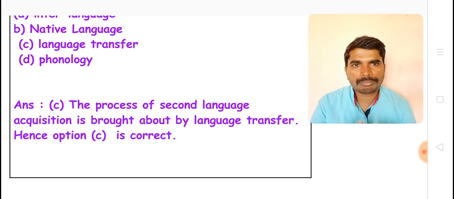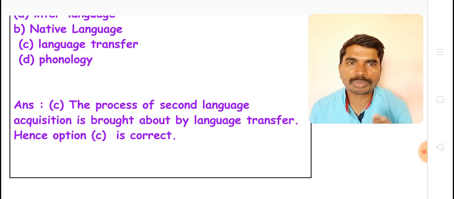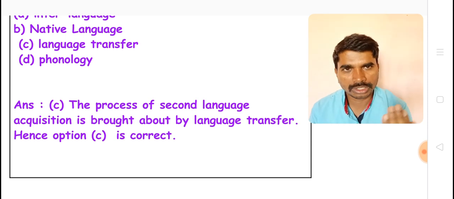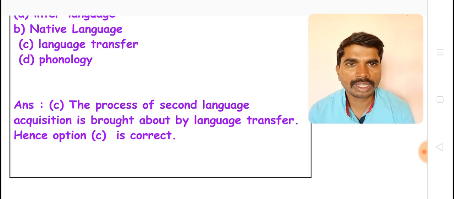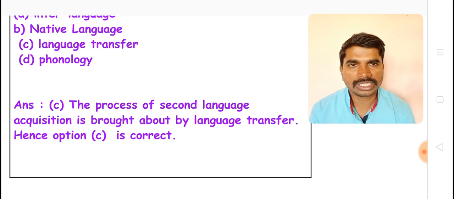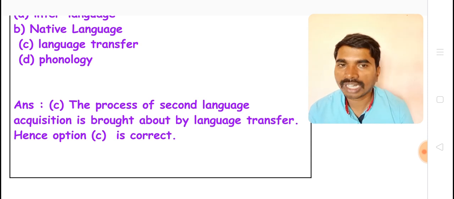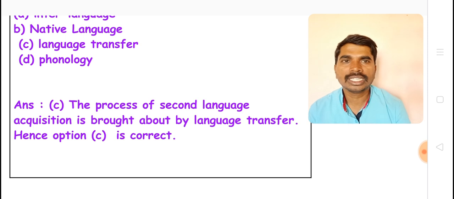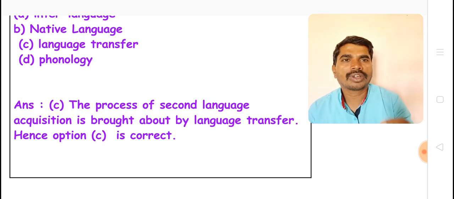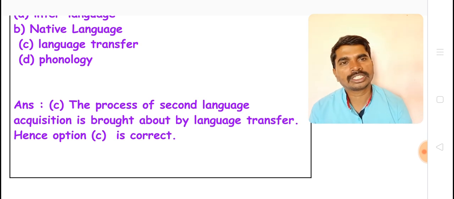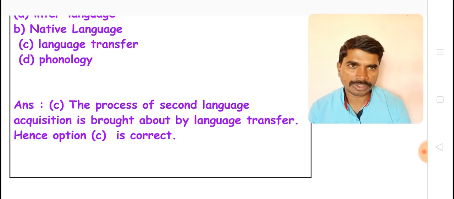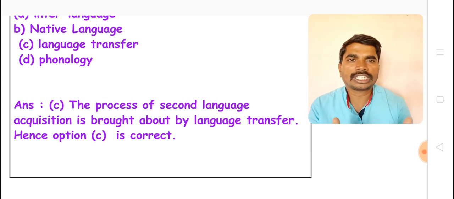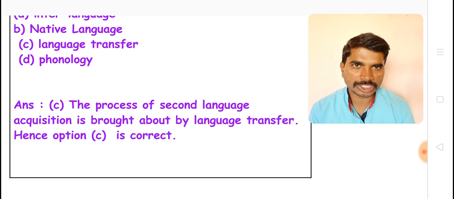A boy or a girl who was born and brought up in an environment where a different language is used gains a vast mastery over that language. It's universal grammar, the LAD, the language acquisition device, we can say. He develops that and, using it, gains mastery over other languages. So that way you can say it's language transfer.